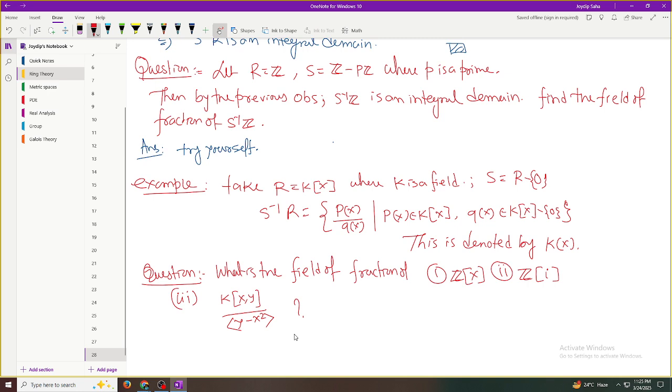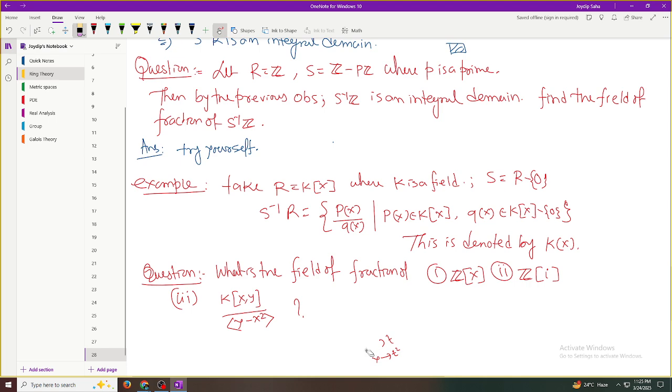If it is isomorphic to k[t], then the field of fractions is k(t). Now t is your x, so you can say that k(x) is the field of fractions.